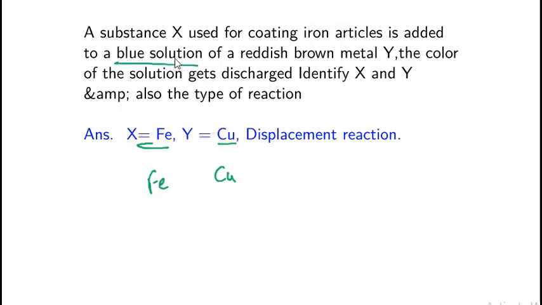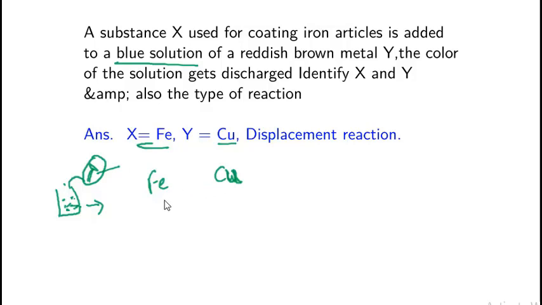Blue solution, so when you mix copper, if you observe properly, you have taken copper solution in a beaker, and if you add a nail here, okay, when you add the nail to this solution, the blue color is going to fade, and the nail is going to become brownish or reddish brown in color.